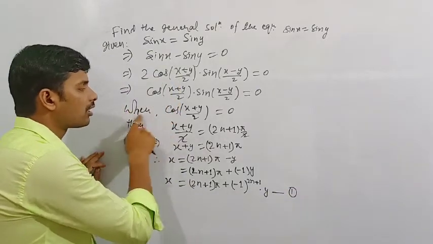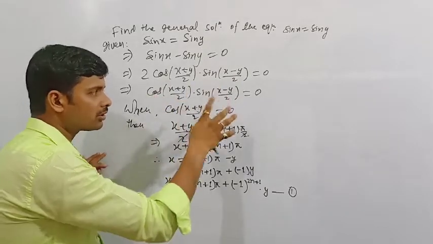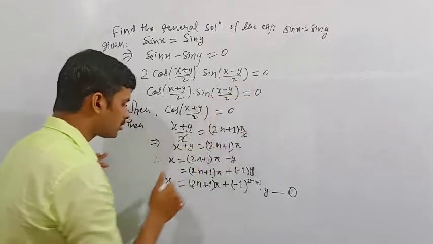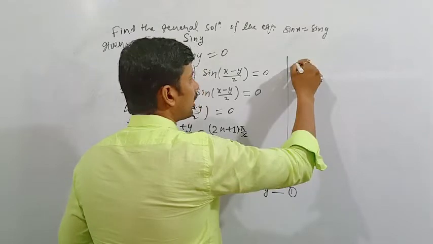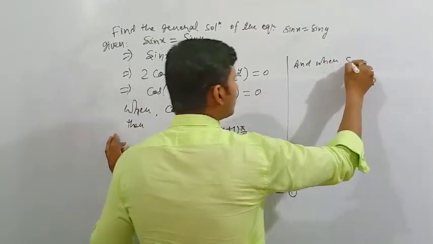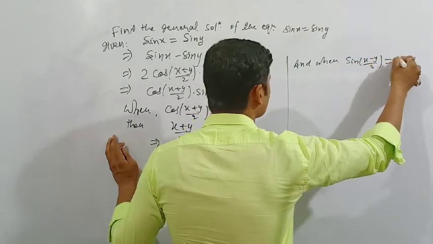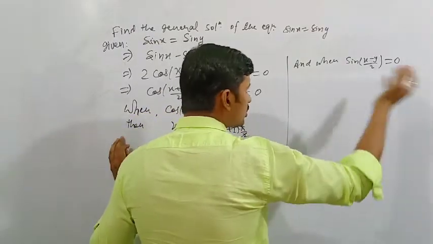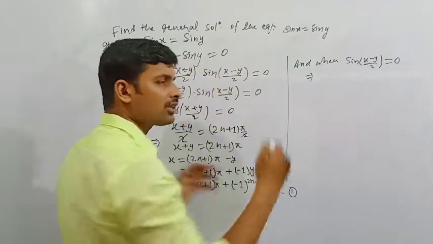So this was our first situation, when the first number is equal to 0. Now we go with the second number being equal to 0. That means when the second number, that is sin (x minus y) by 2, is equal to 0, then this equation is of the type sin theta equals 0, whose general solution is what?